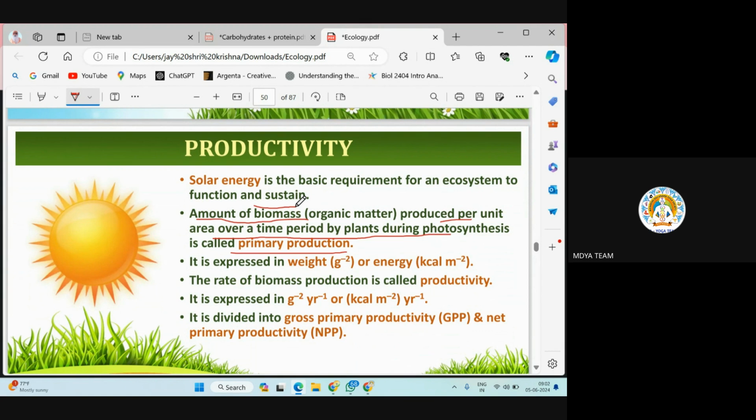Biomass is, we can say, fruits or leaves, etc. Now, what happens in photosynthesis? In photosynthesis, what do plants do? They make food, and how do they store that food?